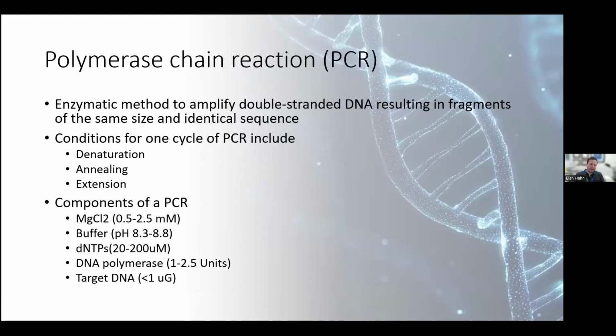The components of PCR are magnesium chloride, which is a cofactor for DNA polymerase, buffer, which maintains a stable environment, dNTPs, which are the building blocks of the new strands of DNA, polymerase, which is the enzyme responsible for amplifying and extending these strands, and our target DNA, which is what we intend to be amplifying.